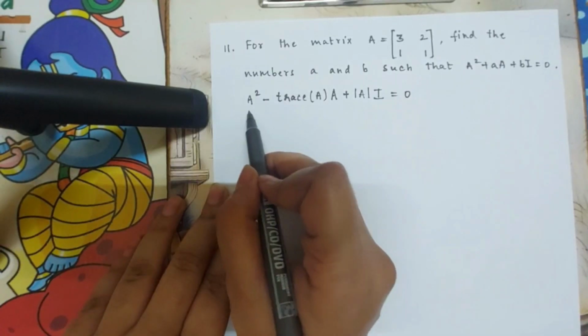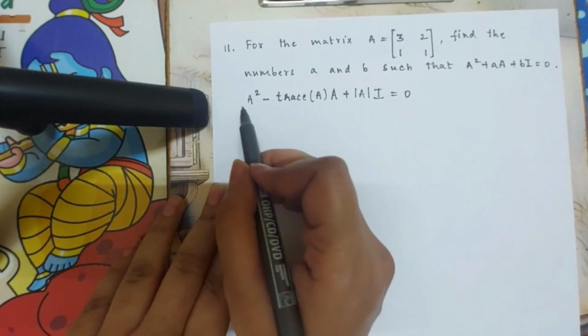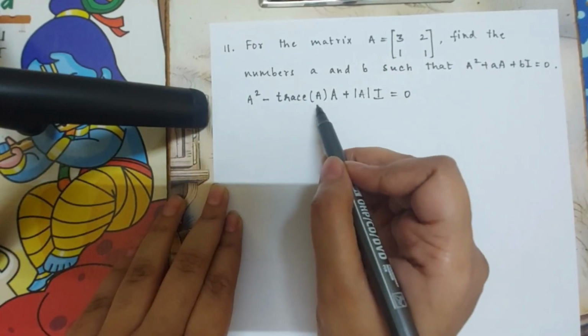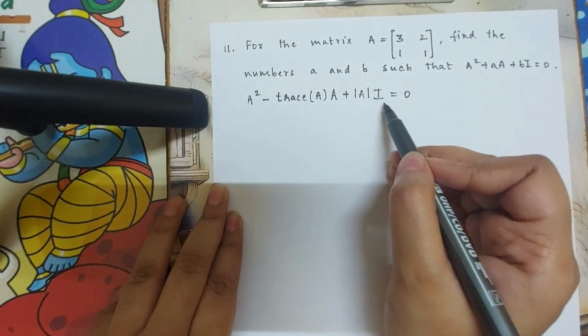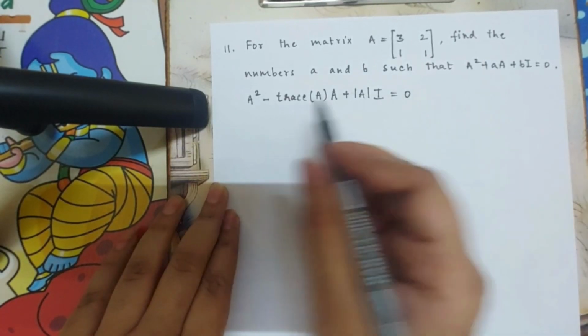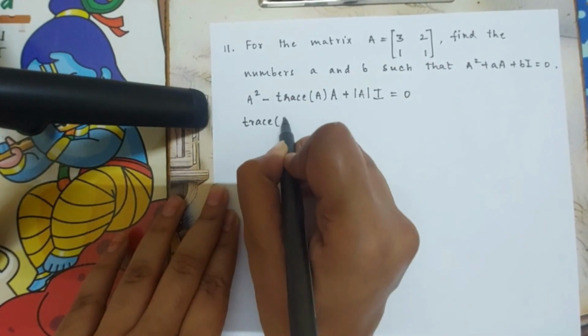So we will be using this equation to find the values of a and b here. That is, A² minus trace of A multiplied with A plus determinant of A into I is equal to 0.